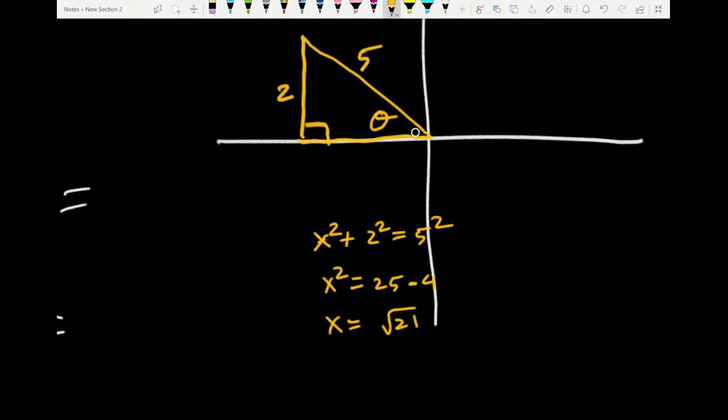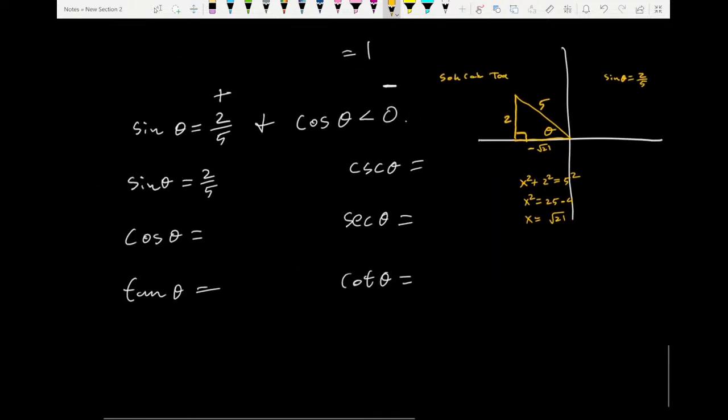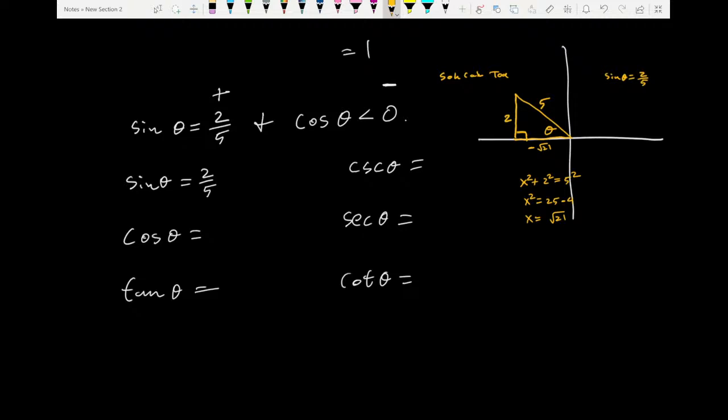Now, we have to ask ourselves, is this negative or positive over here? The x-axis is negative, so therefore it is negative square root of 21. So now the problem is super easy. Using this triangle information and SOHCAHTOA, we can figure out what's happening. Cosine is adjacent over hypotenuse.